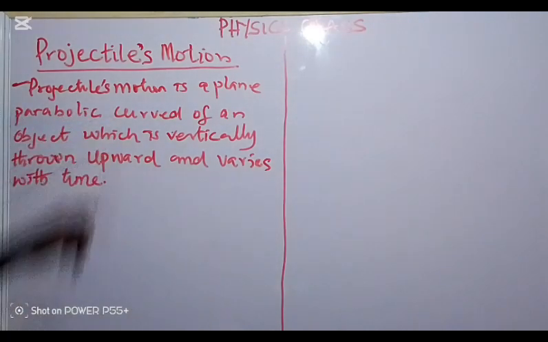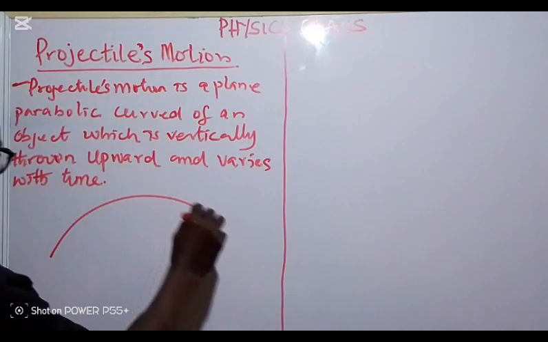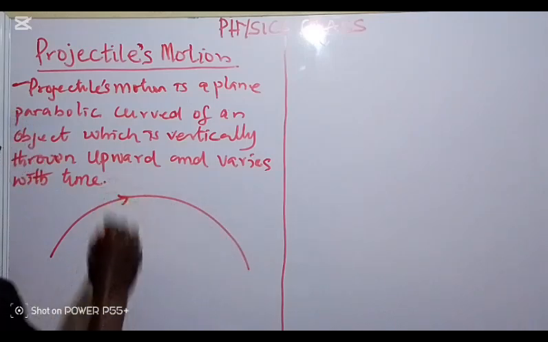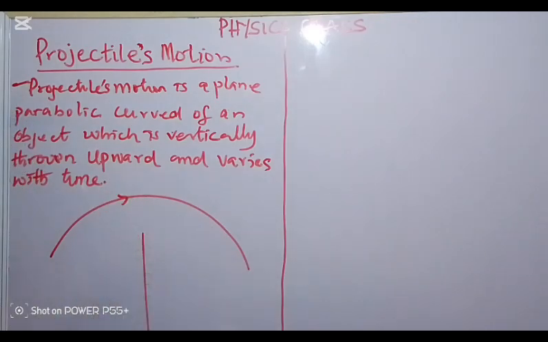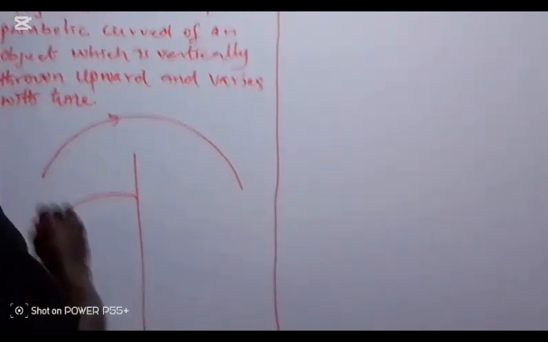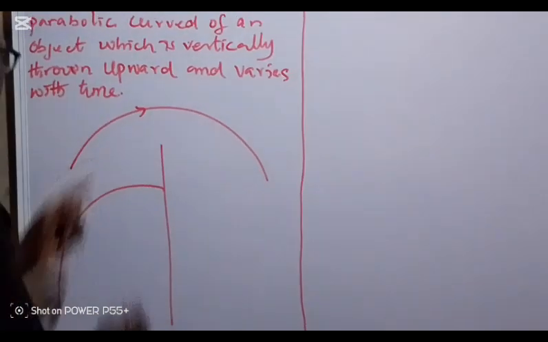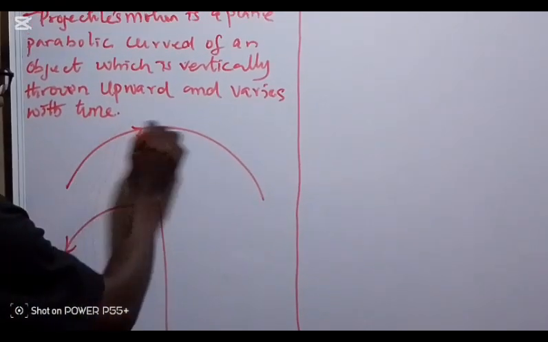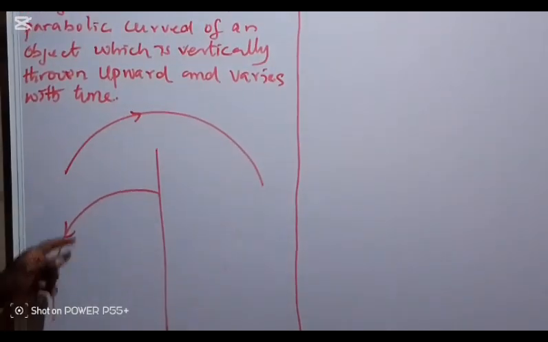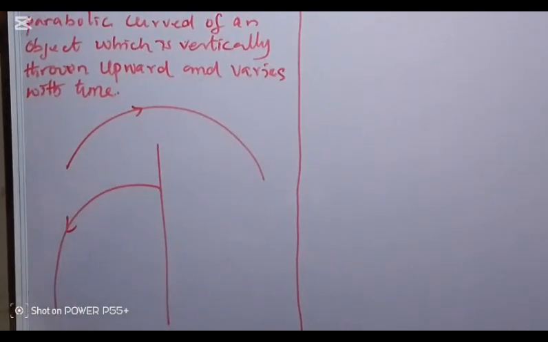When you say motion is a parabolic curve, that is something like this, or let's say this is a wall, something like this. So this is parabolic in nature. When an object's motion follows this pattern, we call it projectile motion.